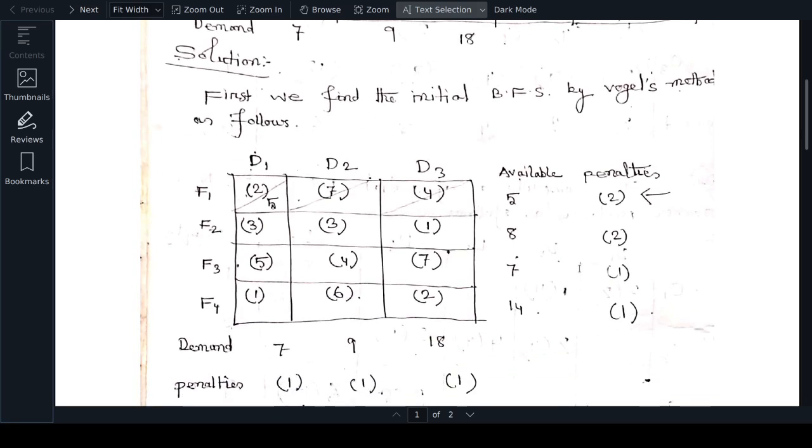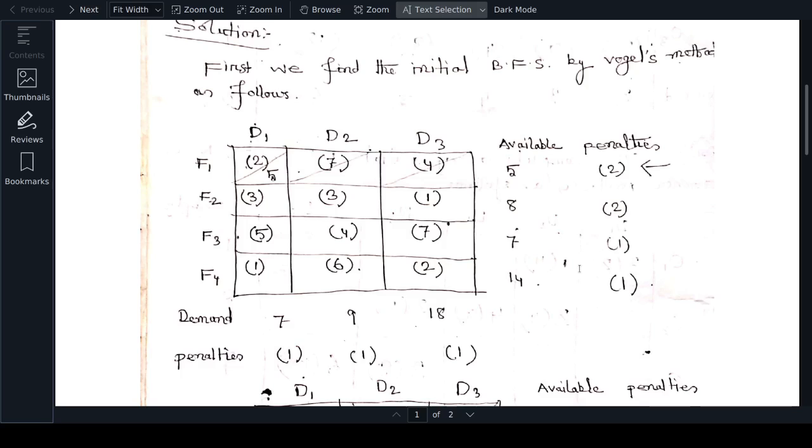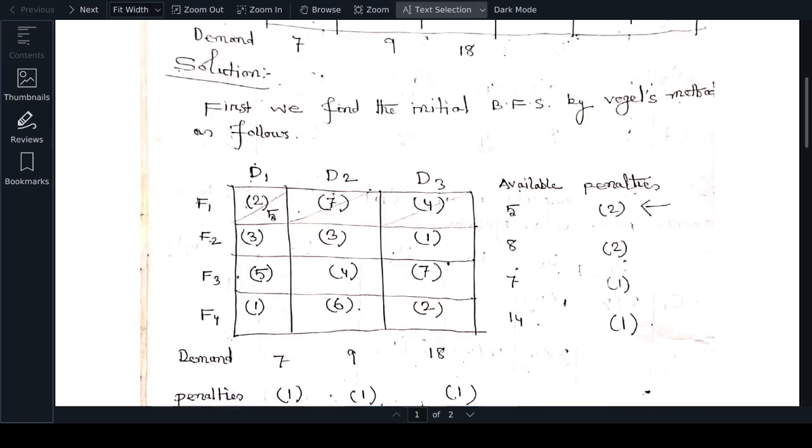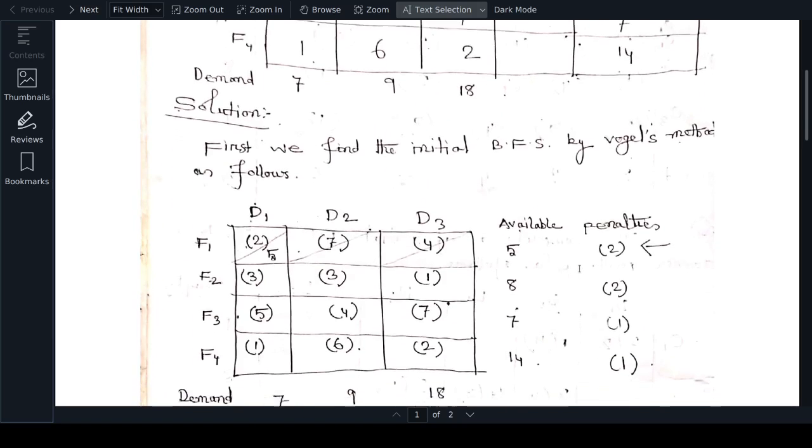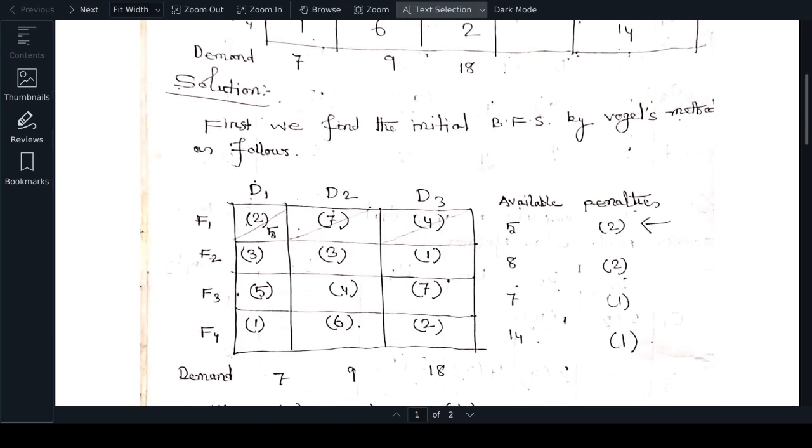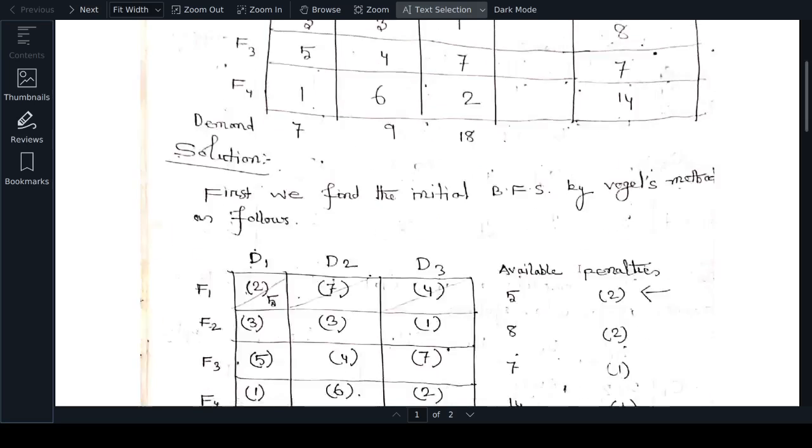So next question is how to find out the penalties. In row wise, the difference of the lowest and second lowest cost gives us the penalty. Consider the F1 row.